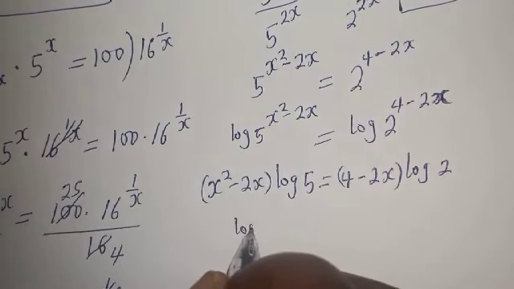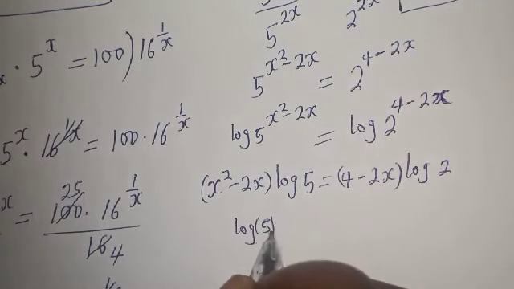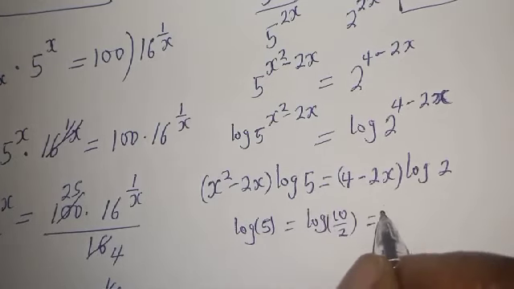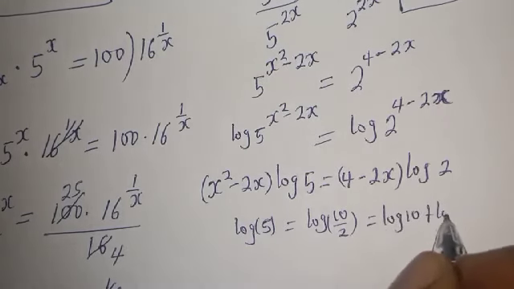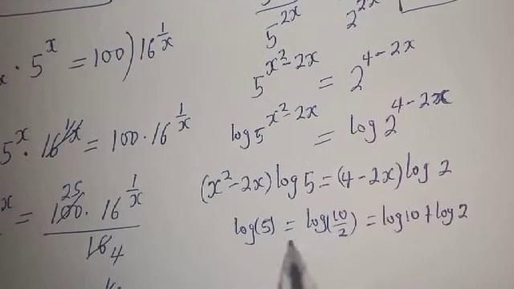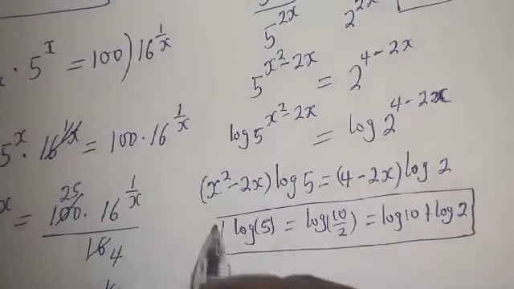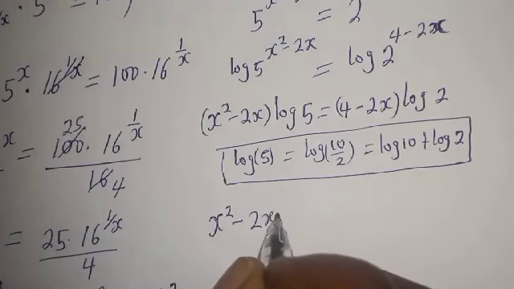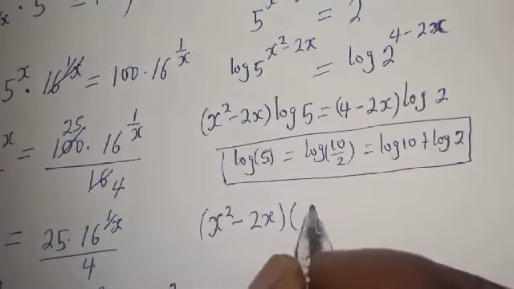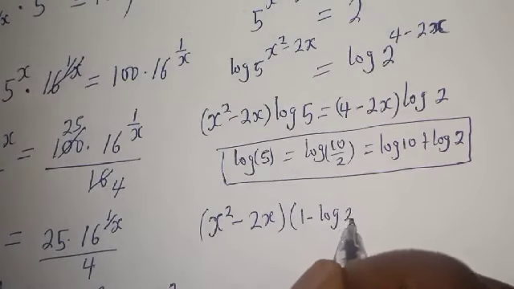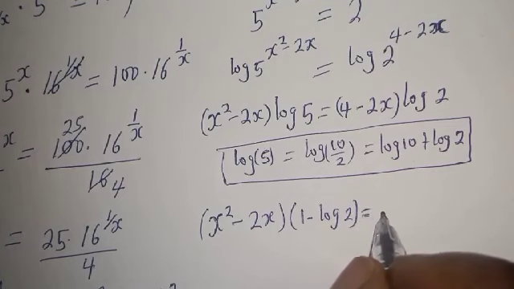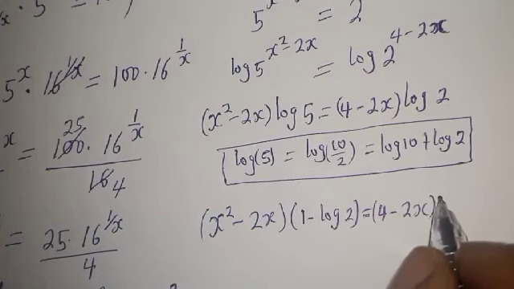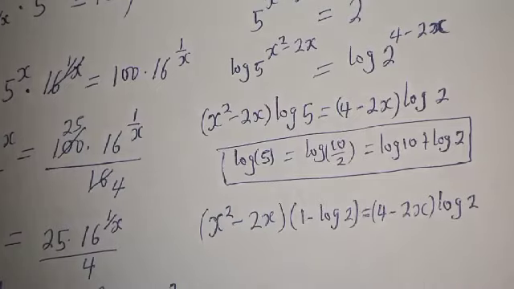Note log 5 is equal to log 10 over 2. This is equal to log 10 minus log 2. Then we have x squared minus 2x multiplied by 1 minus log 2 is equal to 4 minus 2x log 2.